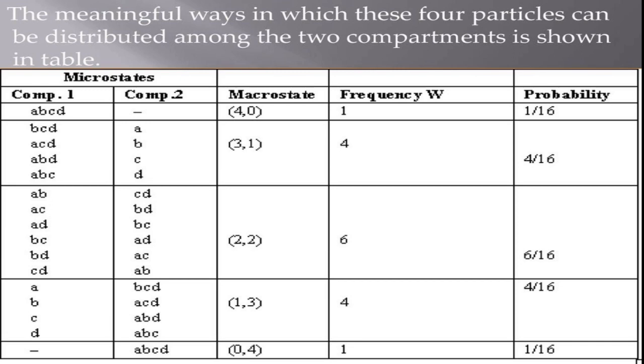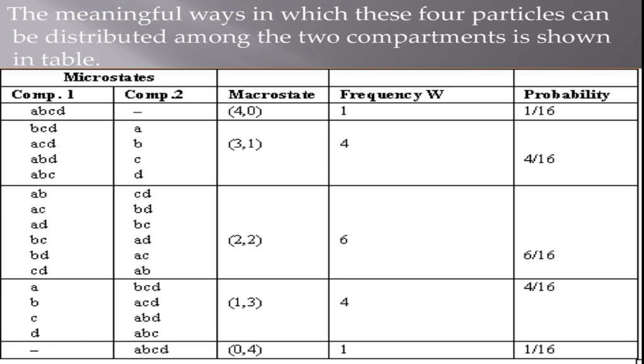Let us have four distinct particles A, B, C and D. Microstates are the distinct arrangements. As you can see in the image shown, we have different arrangements of these four particles. These different arrangements are what we call microstates, and the overall combination given by these particles.